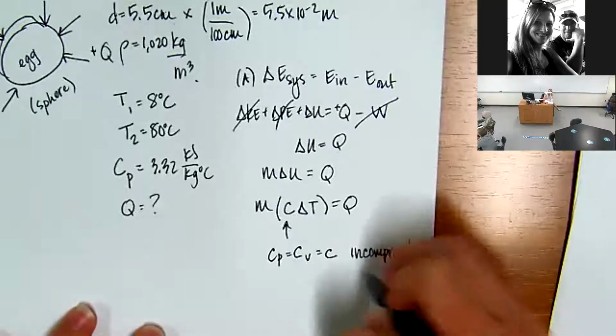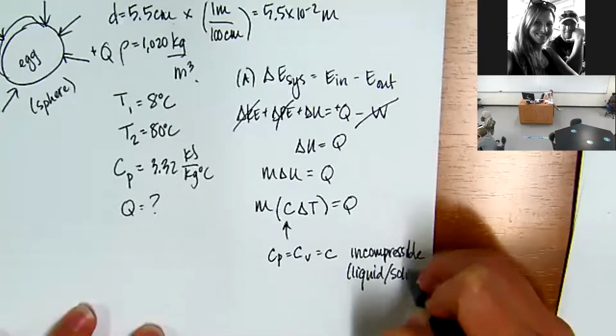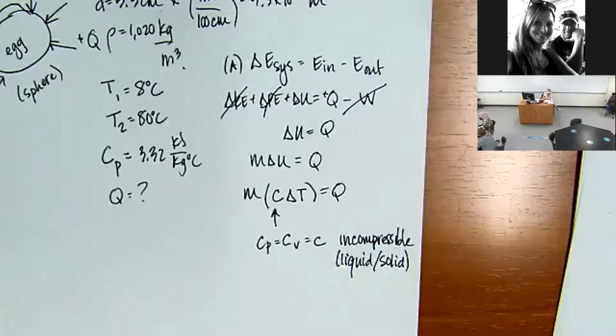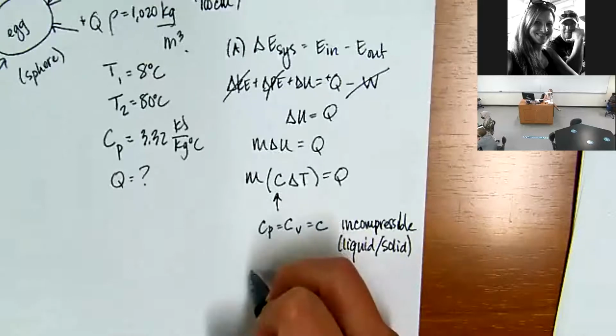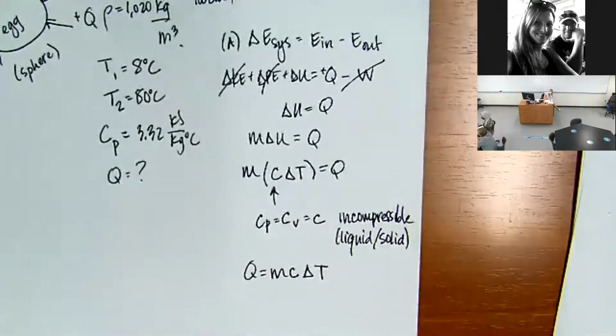So it's a liquid or a solid. So my equation is now Q equals MC delta T.